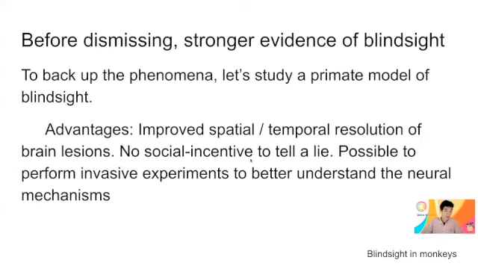It's also possible to perform invasive experiments to better understand the neural mechanism. Of course, in monkeys we can insert electrodes to record neurons, or manipulate neural circuits, to better understand the mechanism underlying blindsight, to better understand what happens in human brains, and also to find possible ways to cure diseases, including blindsight, in the future.